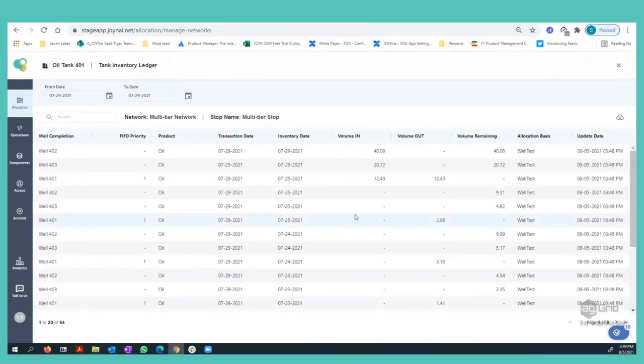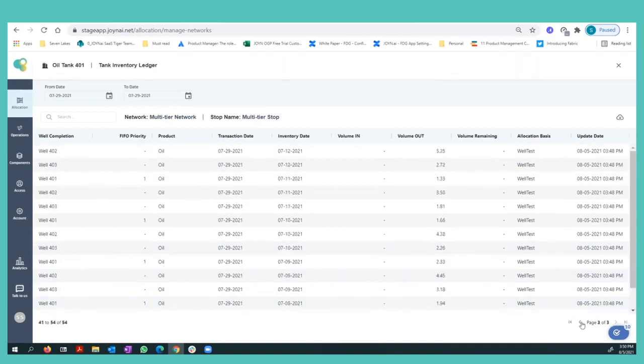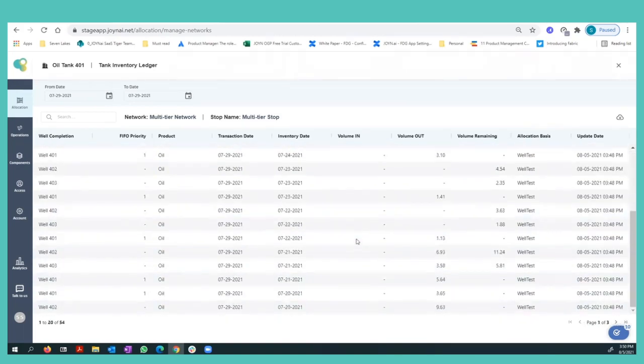So we jump into the same date, and if you notice here, the well 401 has an override priority set. The priority is 1. Earlier we were seeing all the 3 wells' inventory drawn out first, all the way till the 22nd of February.